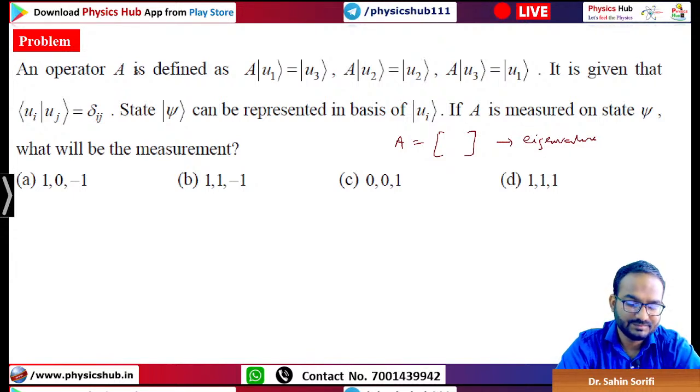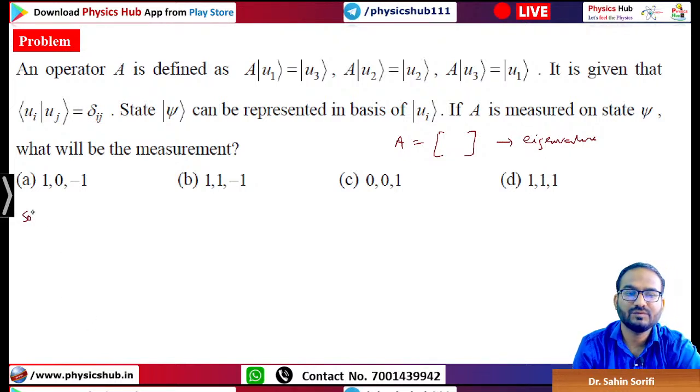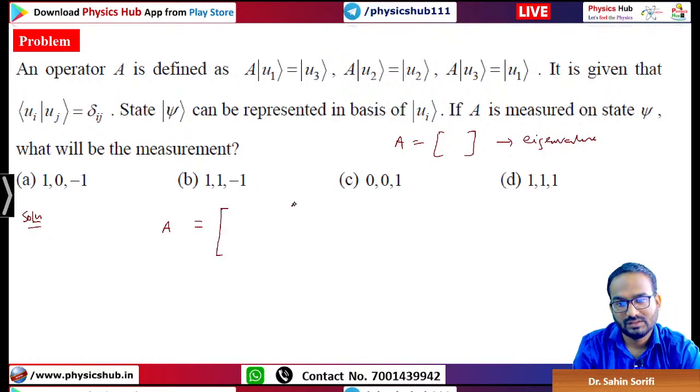Is it solved? I think the same problem we did with this; we have done already up to formatting A. It was anti-diagonal, no? So 1, 1, 1. I think we did it in the last class.